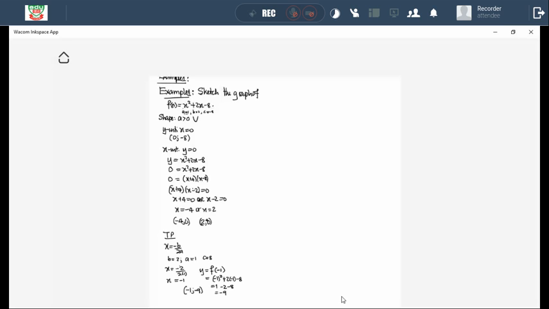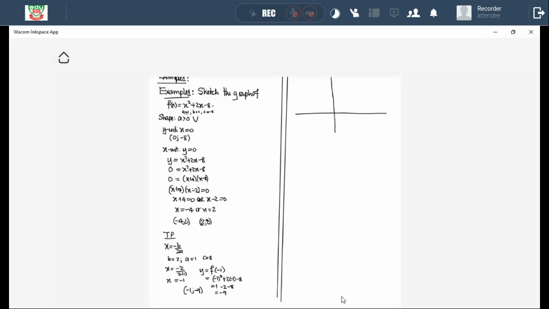So let's sketch this. Let me sketch the function. It's a matter of me just collecting all the points and putting them on my Cartesian plane. Okay, let's look at these points and let's try to sketch it together. There is your Cartesian plane.